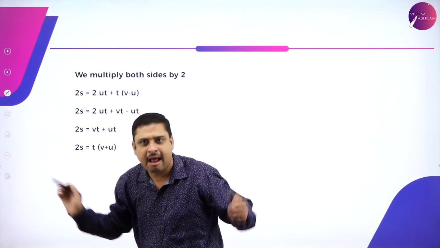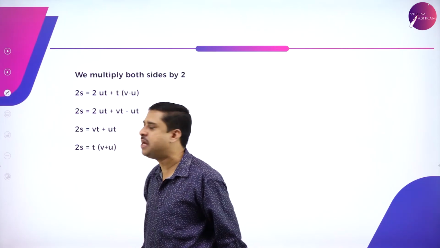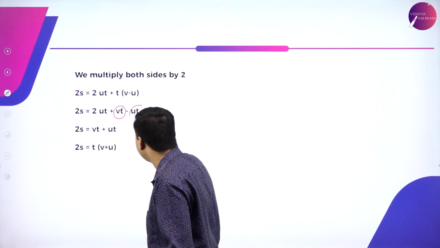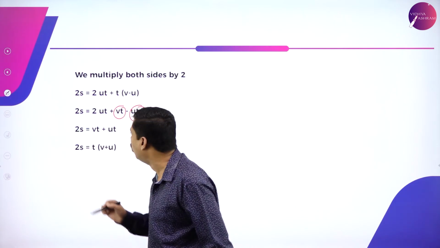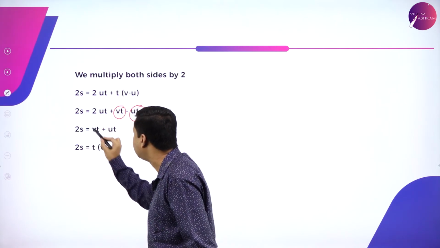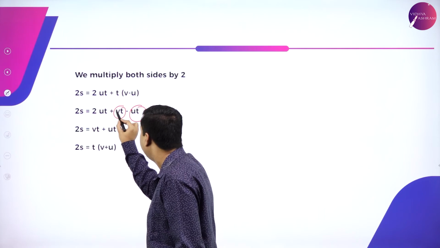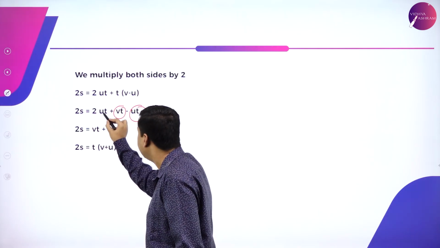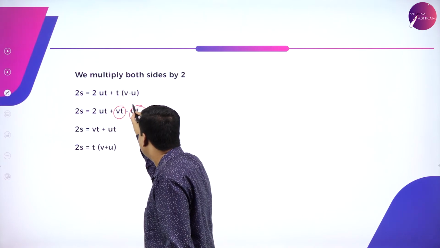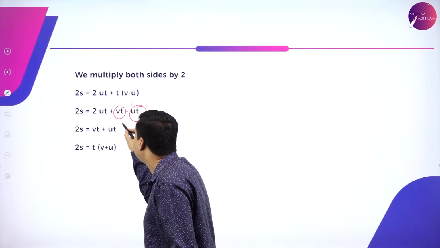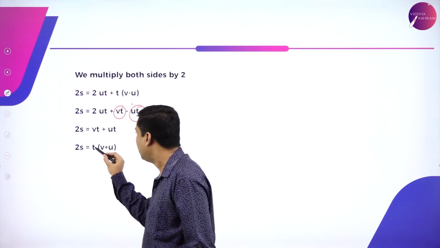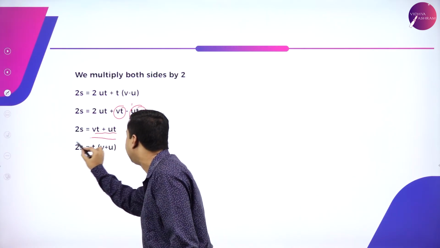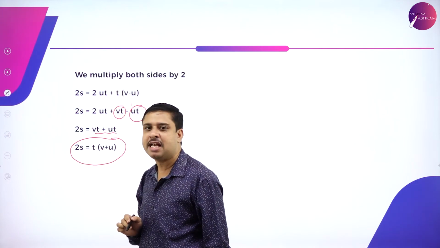Opening up the bracket, V into T is VT, U into T is UT. Or 2S equals VT as it is. This is 2UT minus 1UT, which is UT, or 2S equals T is common here, (V plus U).